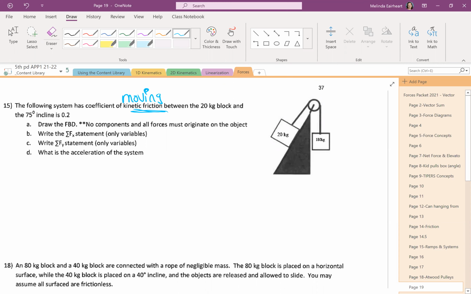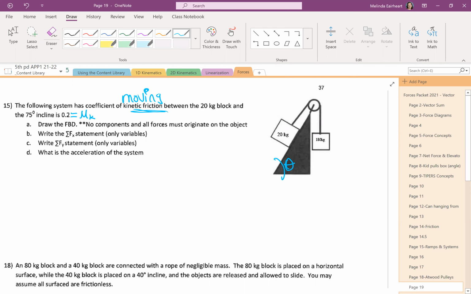The coefficient is 0.2. So I know the wording was weird there a little bit, but our kinetic coefficient is 0.2. Now they don't specify in the picture where 75 degrees is. And you can kind of base it on the picture. Most times, unless told otherwise, your ramp angle is with the horizontal at the bottom. So we're going to make that angle at the bottom 75 degrees. Good deal?